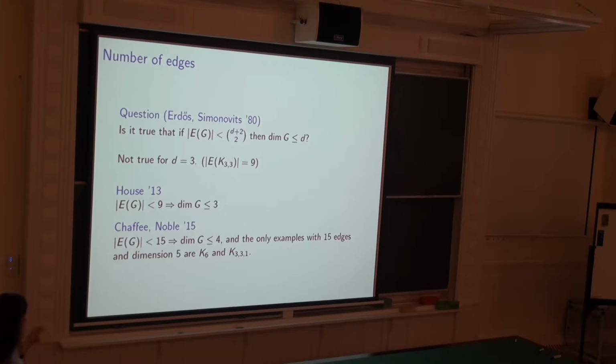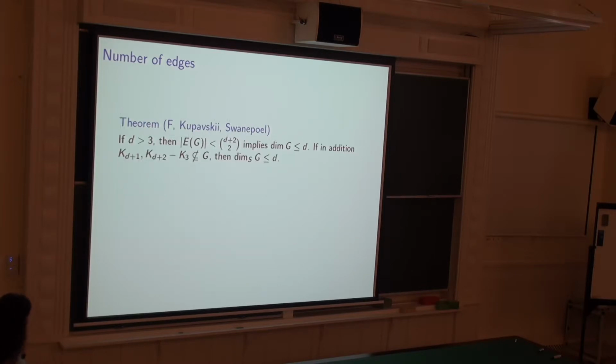And also for dimension 4, there are only 2 graphs with 15 vertices that cannot be embedded in R^4. And it is also true in general for larger values. And moreover, if there are no subgraphs that are isomorphic to K_{d+1} and K_{d+2} minus a triangle, then we can also embed it on the sphere.